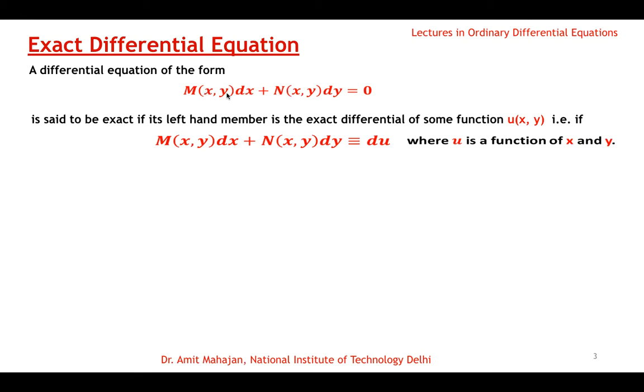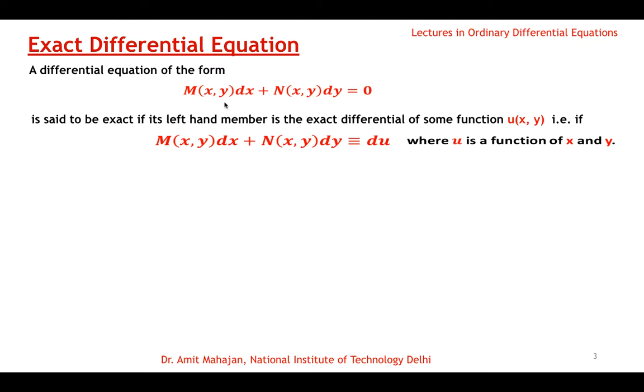Okay. So it is said to be exact if its left hand member is an exact differential of some function u. That is, if the left hand side M dx plus N dy can be written as an exact differential of some function u, that is, as d of u, where u is a function of x and y.